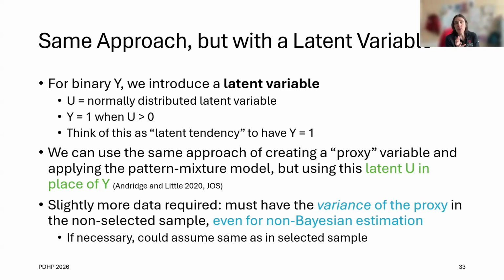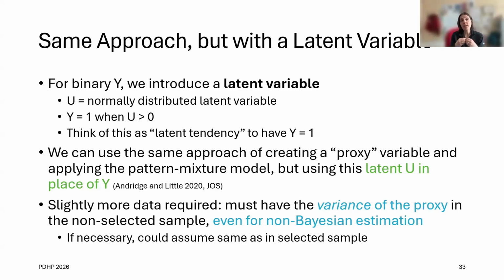So with a latent variable, we have this variable we call U that we never observe that has a normal distribution, and an individual gets a Y equals 1 when U crosses a threshold arbitrarily chosen as 0, and it's a 0 otherwise. So you could think of this as the latent tendency to have Y equals 1.